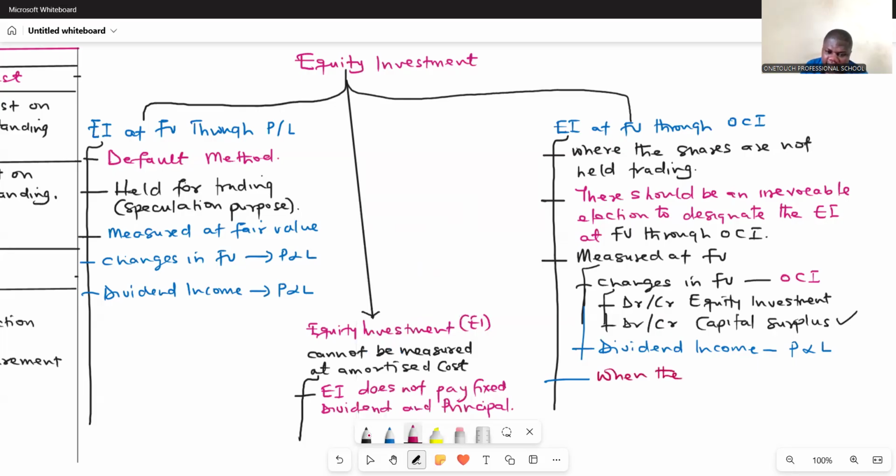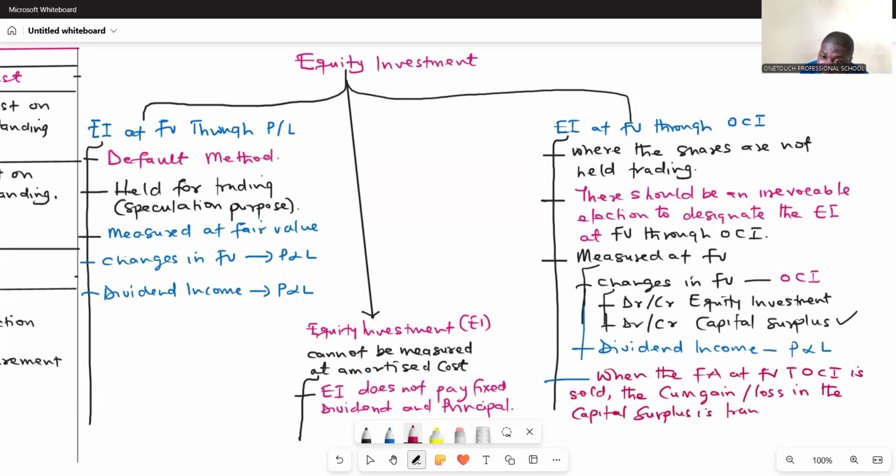When the financial asset at fair value through other comprehensive income is sold, the cumulative gain or loss in the capital surplus is transferred to retained earnings.